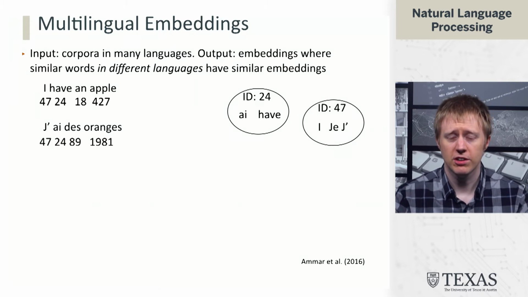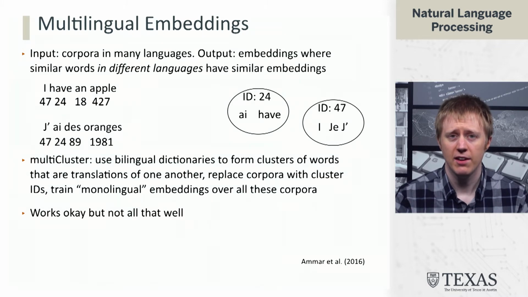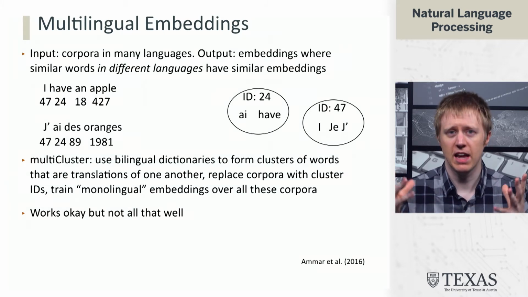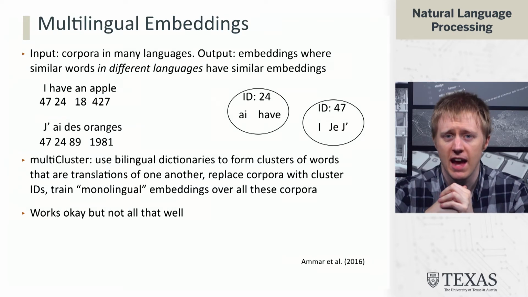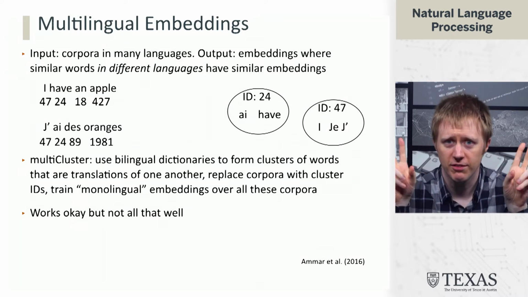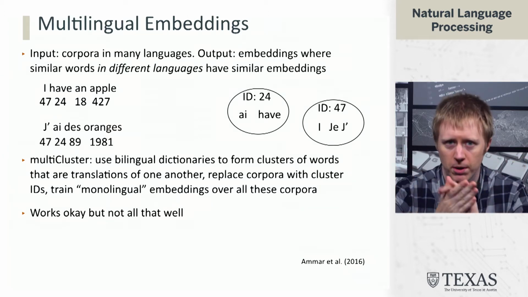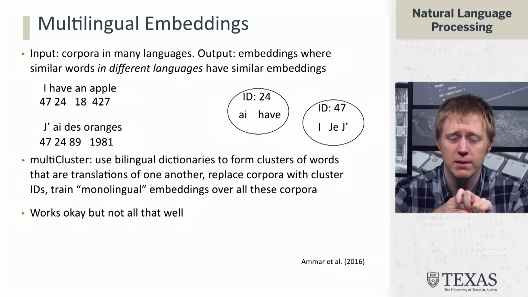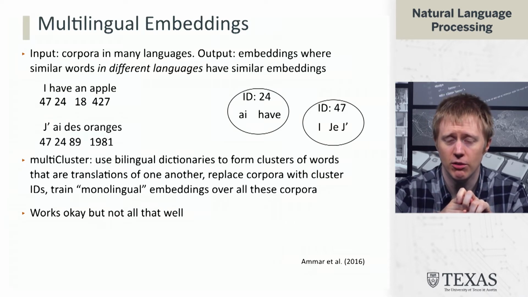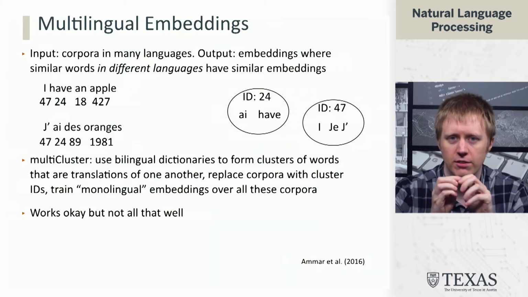Then we just label all the words in these sentences with their cluster IDs, and then we treat these as the words in word2vec. So these dictionaries let us label things with these clusters, and then we train what we think of as monolingual embeddings, or just the standard skipgram model, over these corpora. So then you're going to have one embedding for the things in cluster 47, and you're going to have a shared representation for I, je, and that's great. That was kind of our goal.